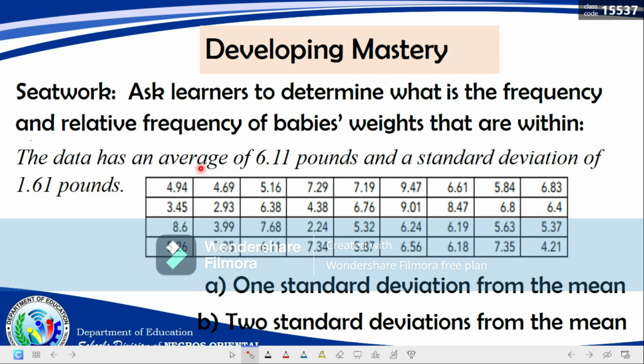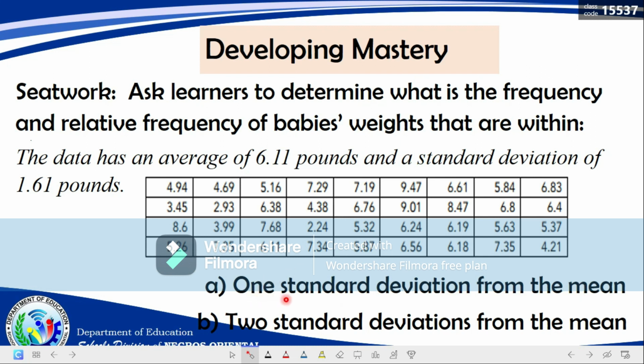So you're given the mean, which is 6.11, and the standard deviation is 1.61. You are asked to find the frequency and relative frequency of babies' weights that are within one standard deviation from the mean.